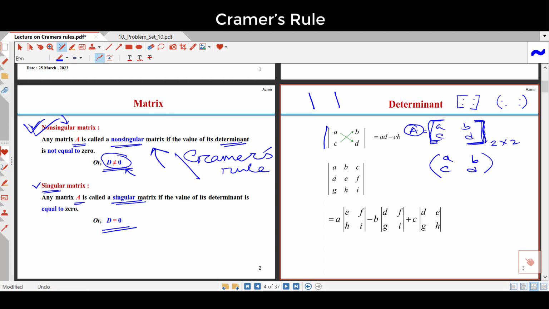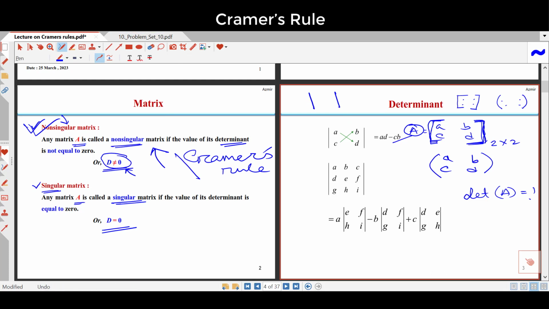You just have the same matrix A, B, C, D with a square bracket, but the determinant is written as A, B, C, D with vertical bars, or it is also written in this form: determinant of A, where A is the matrix A, B, C, D. So here we will use only one notation. Just for simplicity, we will use the vertical bar for determinant.